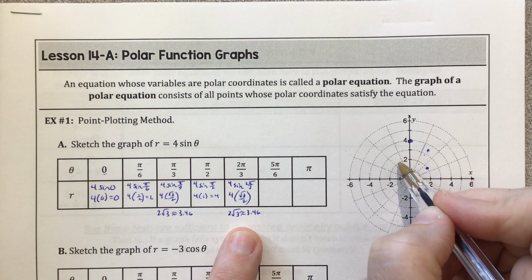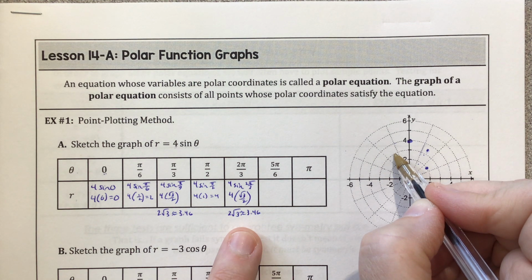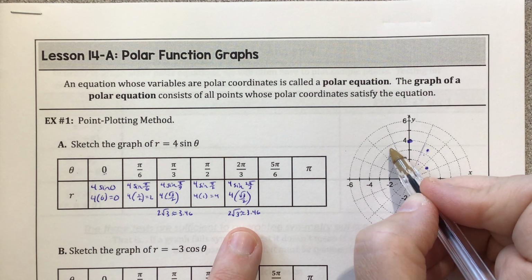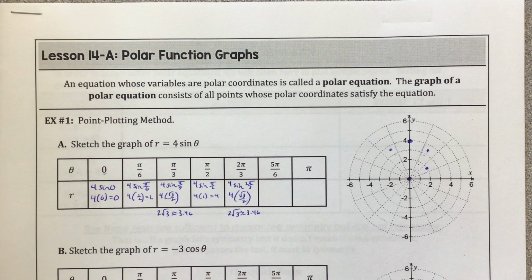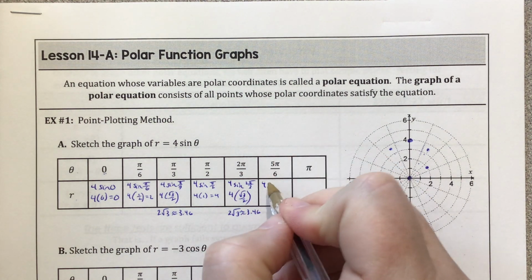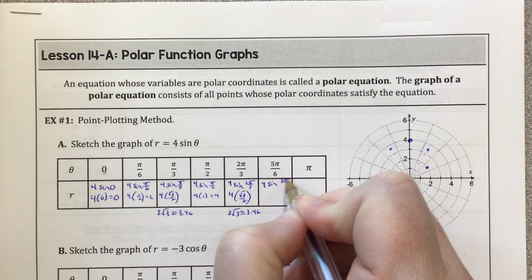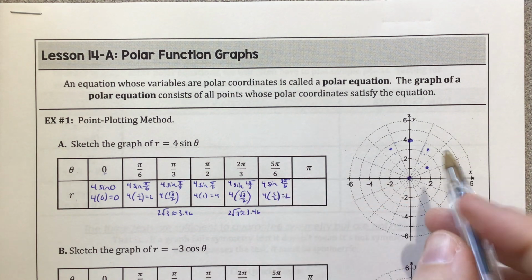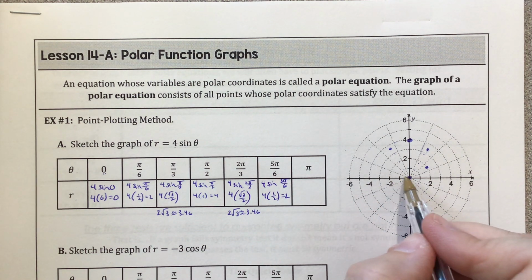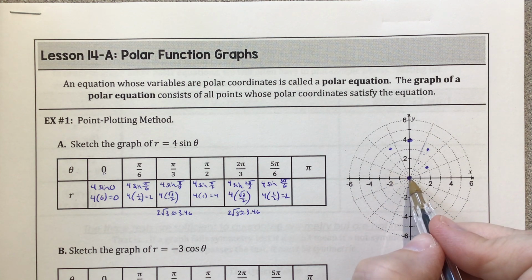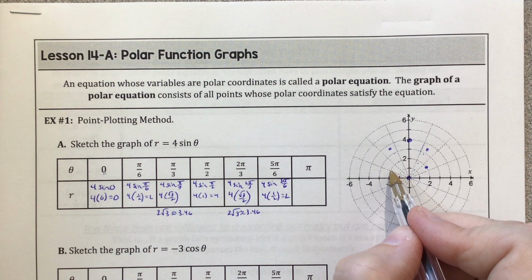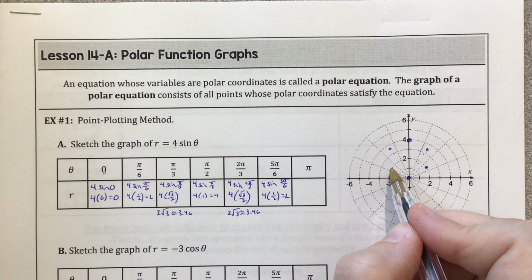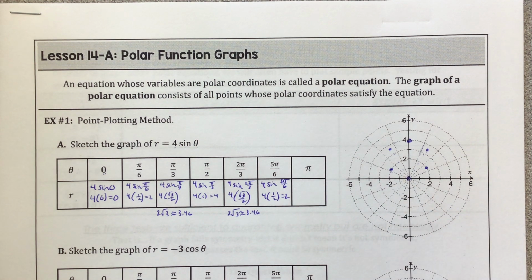Out 1, 2, 3, and close to 1/2. And then at 5 pi over 6, I have 4 times the sine of 5 pi over 6, or 4 times 1/2, which gives me 2. So at the angle 5 pi over 6, I'm going to be out 1, 2 radians. Again, that isn't right here. It's kind of like there.